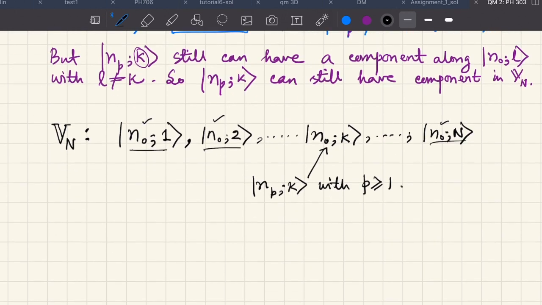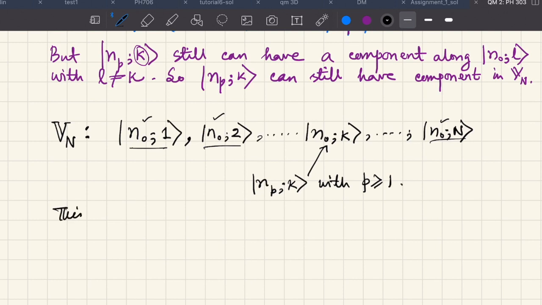So this makes life complicated, and that makes our physics as well as the arguments much more non-trivial.